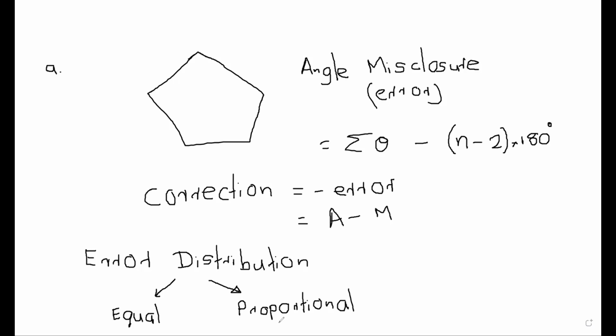That means you consider the quantity and you divide it according to the size. You consider the effect of size and distribute it. That is called proportional distribution. If you don't consider the size, it is equal distribution.